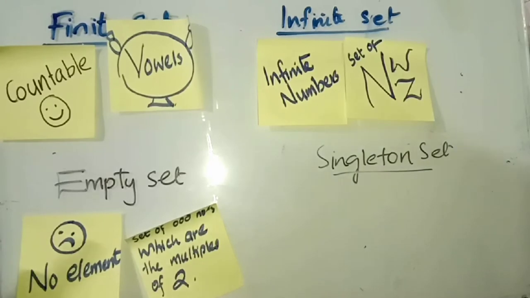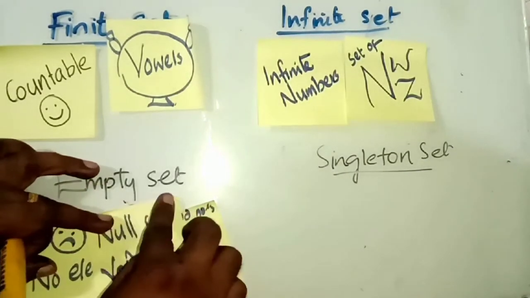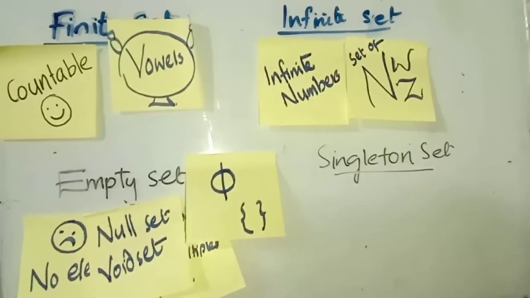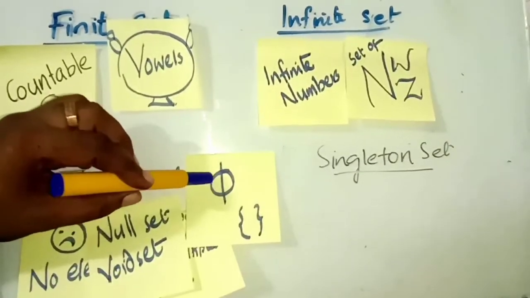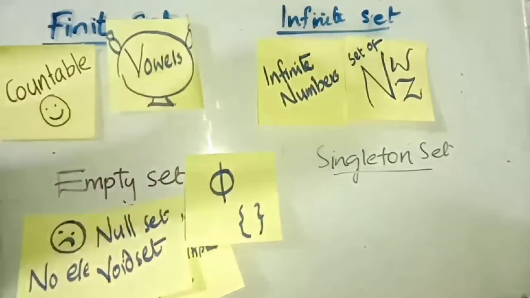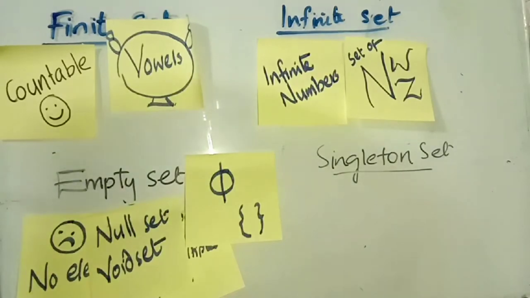Empty sets are also known as null set or void set. And this is the notation we use for empty set. What is this? A circle and a cut. It is not a circle and a cut.